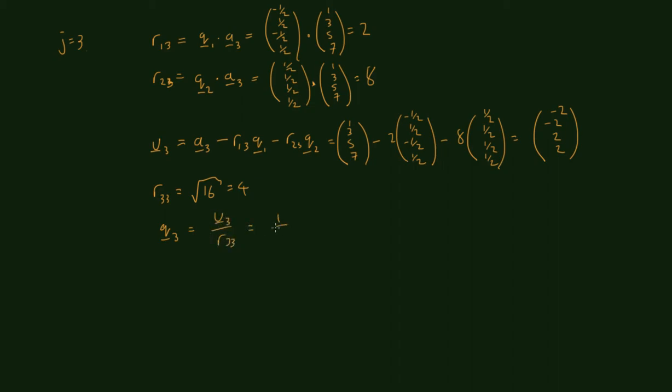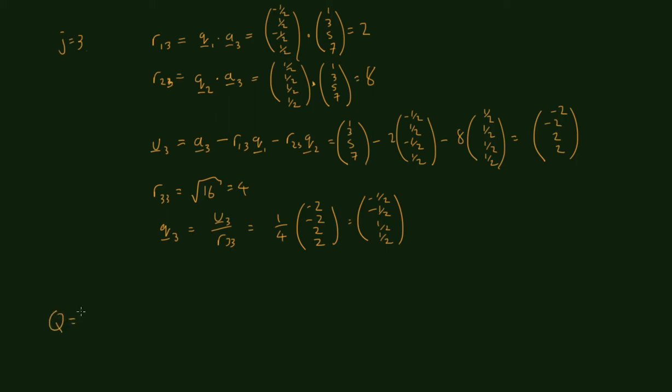So it's going to be 1/4 whatever U3 was, which is minus 2, 2, 2, and 2, which is minus a half, half and half. Okay, so we have Q1, Q2 and Q3, and we have all of our R's.